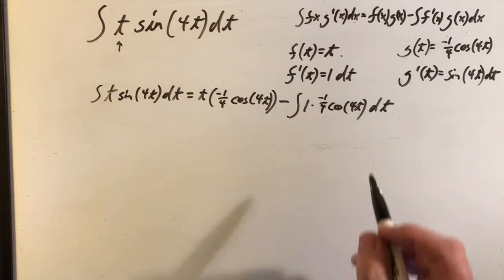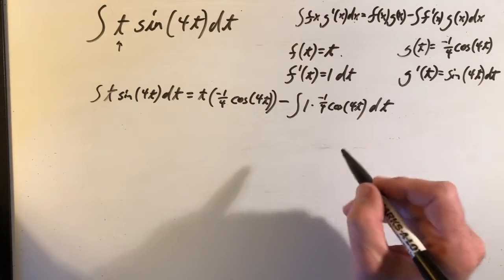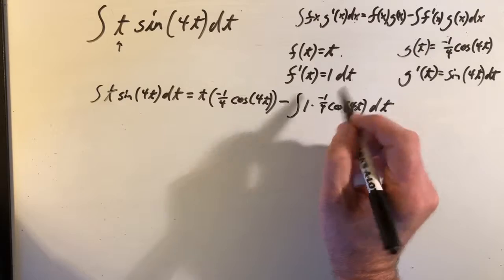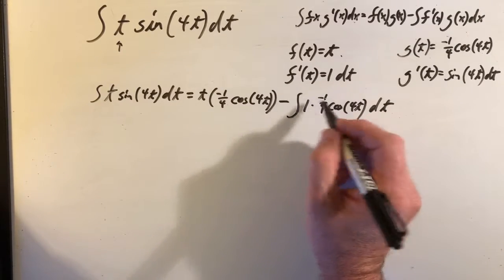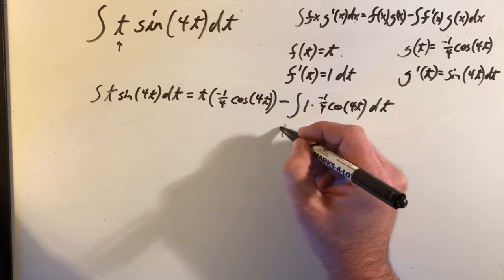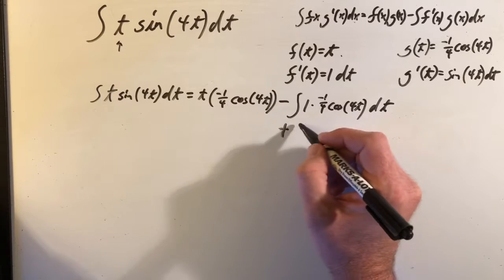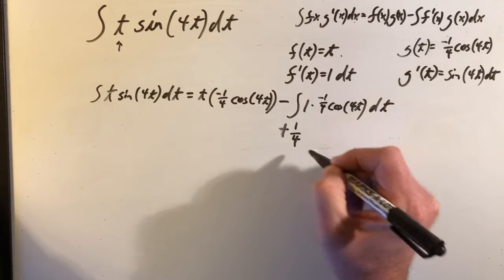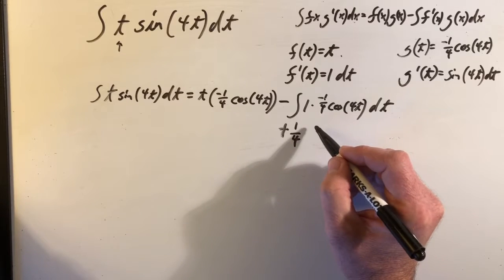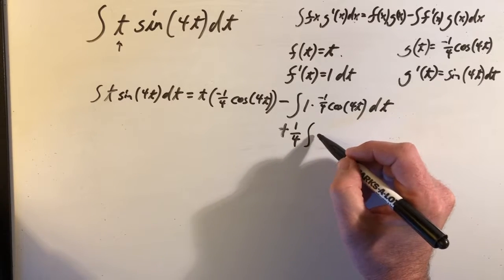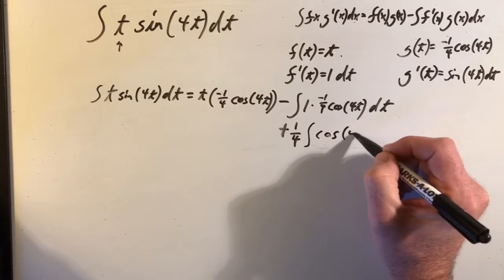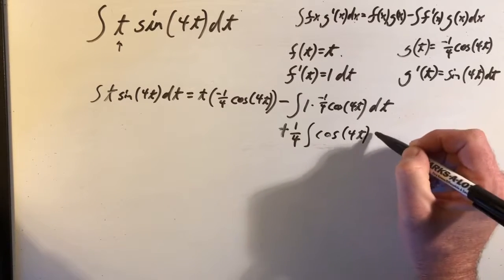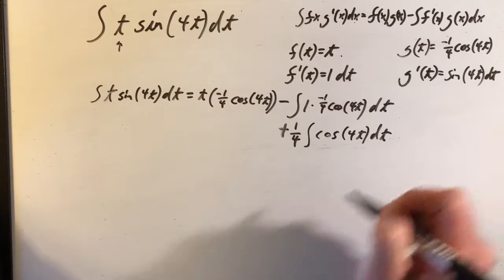So next step is I'm going to just move my constants out of the integral so that negative and negative becomes a positive. The 1 goes away, and I just have 1/4. And then I just take the integral of cosine 4t dt.